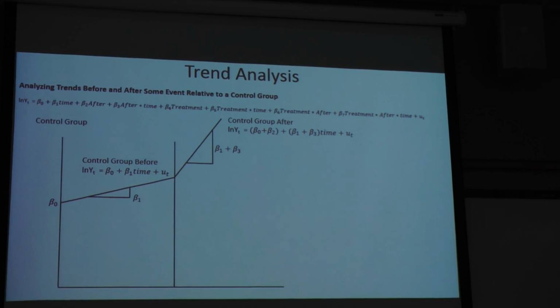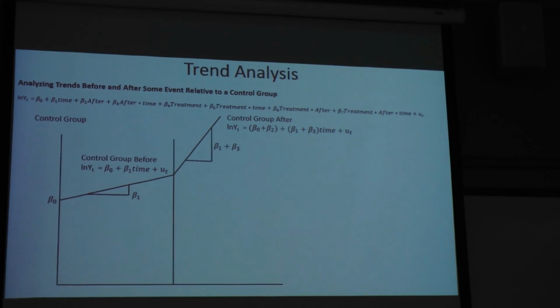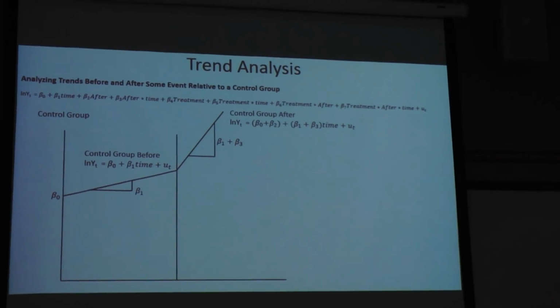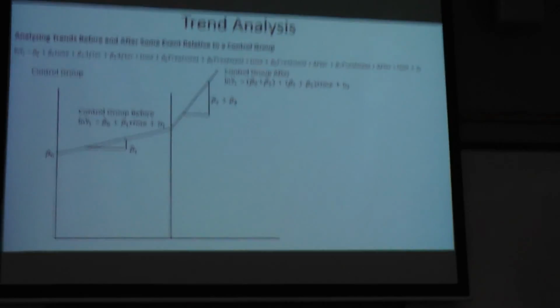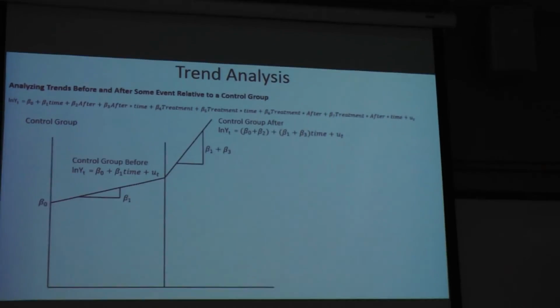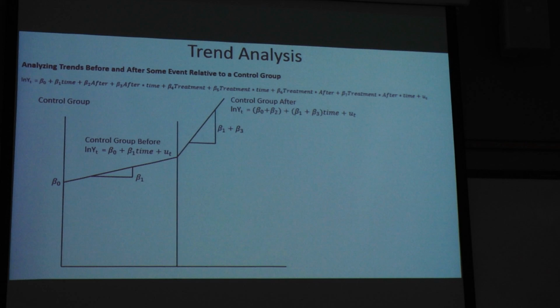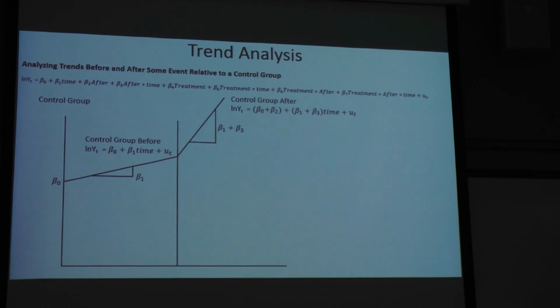Yeah. So the treatment group is the one that's affected by the event, presumably. So wouldn't we expect the control group line to be a straight line? Possibly, but something else could happen too. Okay, so we're allowing for all kinds of stuff. But you're right. The control group shouldn't be affected by the event.